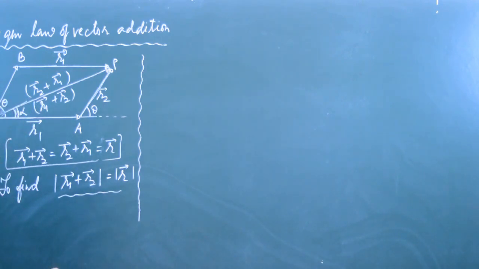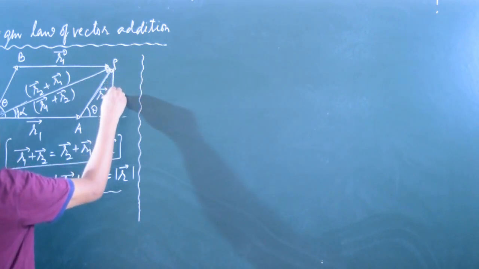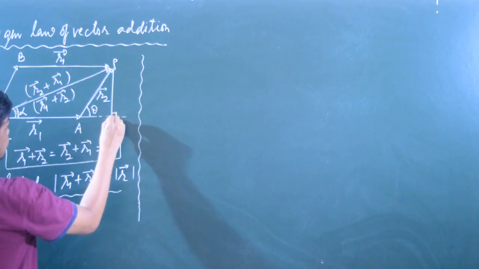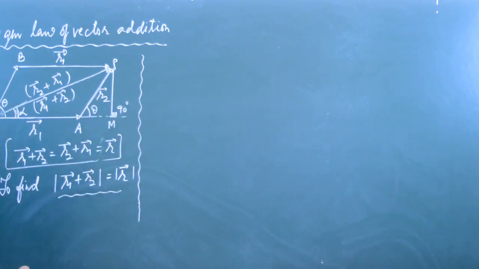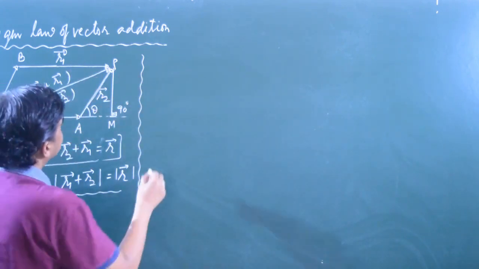Now we draw a perpendicular from point P to the vector R1. Suppose this perpendicular is PM. This angle is 90 degrees. Now we consider this triangle APM.